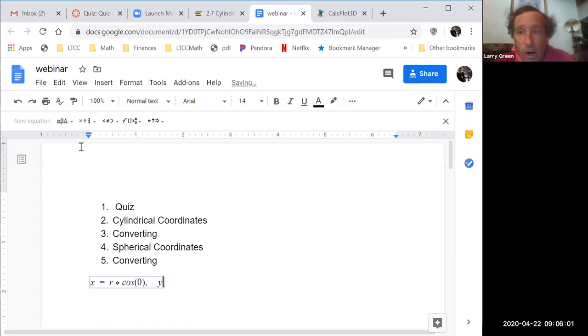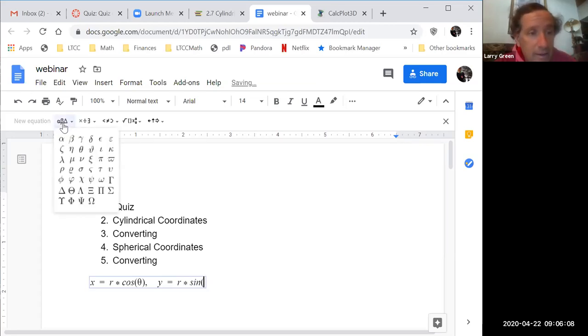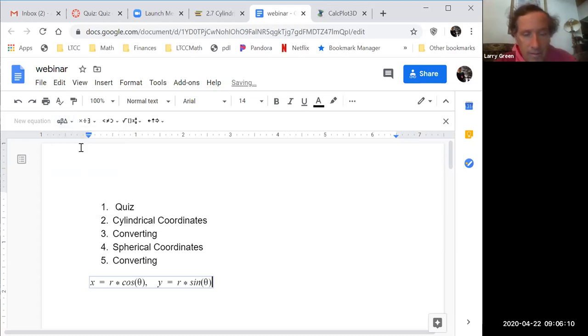And then y was equal to r times sine of theta. Those are worth remembering.